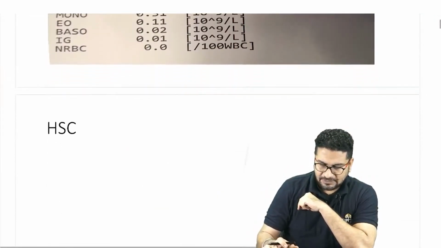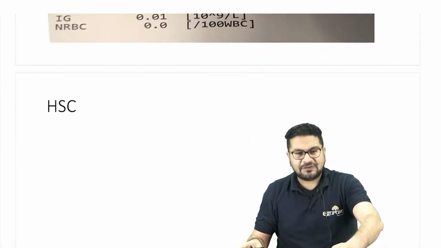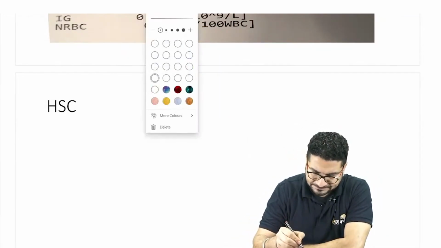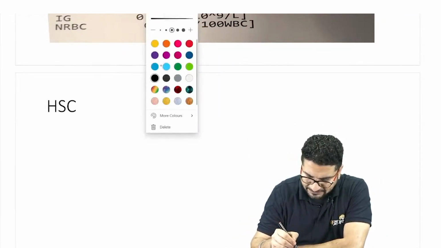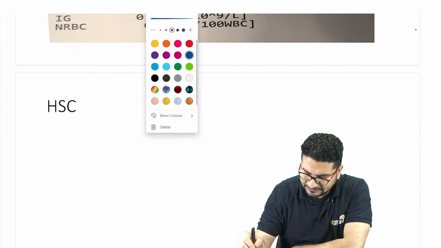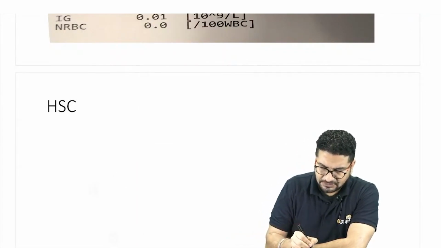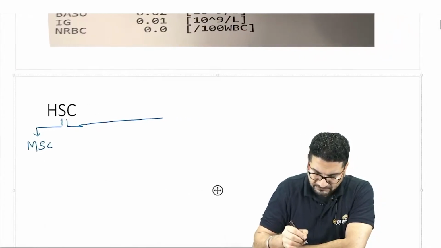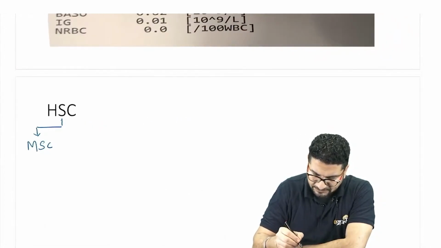Okay, so see, with the basic thing, first we have the hematopoietic stem cell. HSC means hematopoietic stem cell. We divide hematopoietic stem cells into two categories. One is the myeloid stem cell and the second is your lymphoid stem cell.